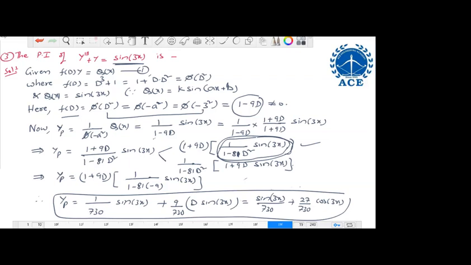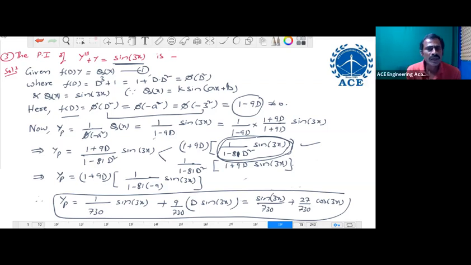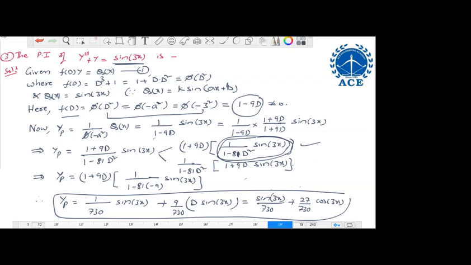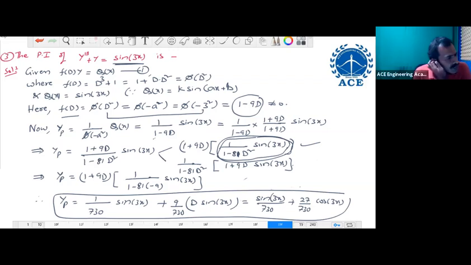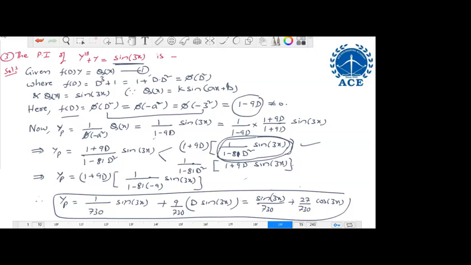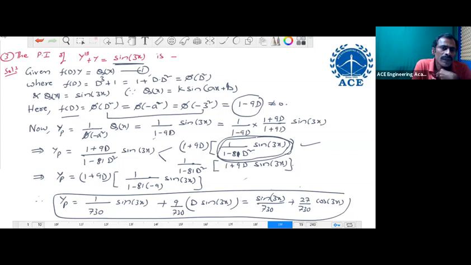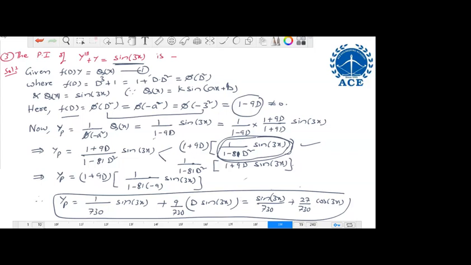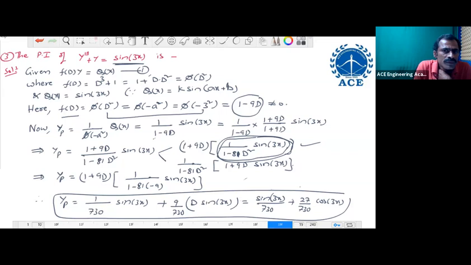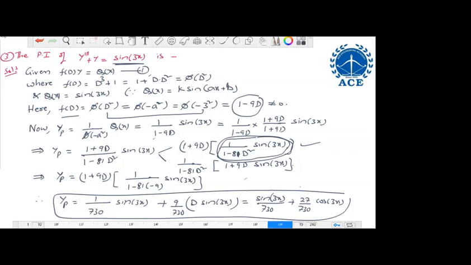If in some question it is 1 by only 9D square, then in place of D square put minus a square and write it. If it is only 9D square, we can put it directly. No need to integrate. In two ways we can do it.